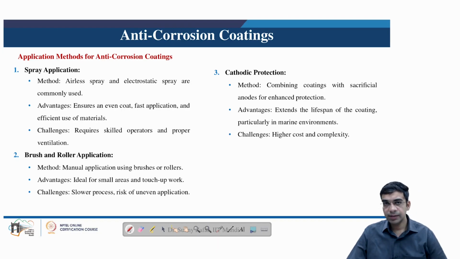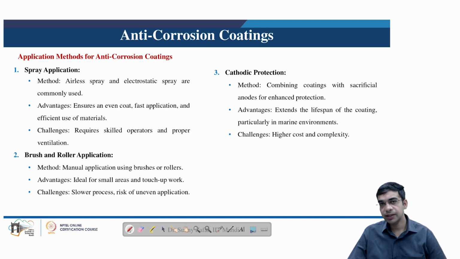The second method is the brush and roller application. This is a manual application of the coating material using brush and roller. Advantages include being ideal for small areas and touch-up work. The process is slow and there is a risk of uneven application, and these become the challenges in brush and roller application.